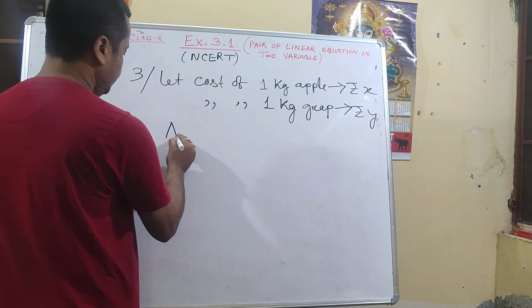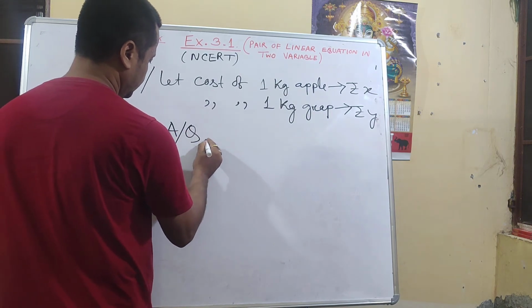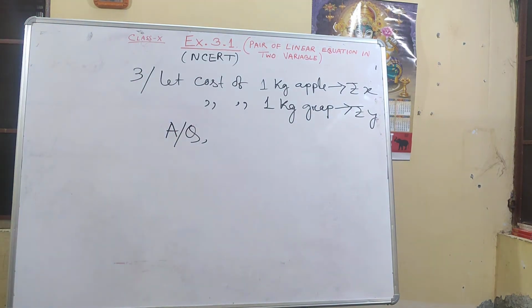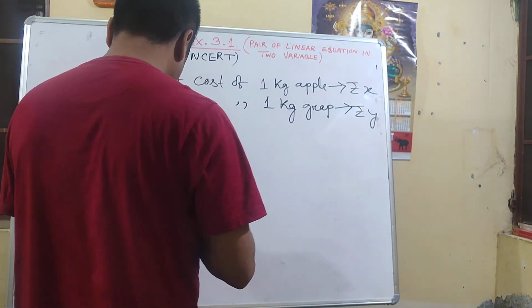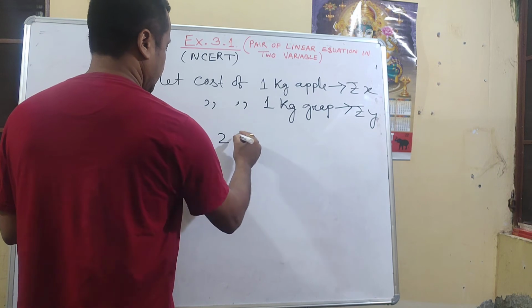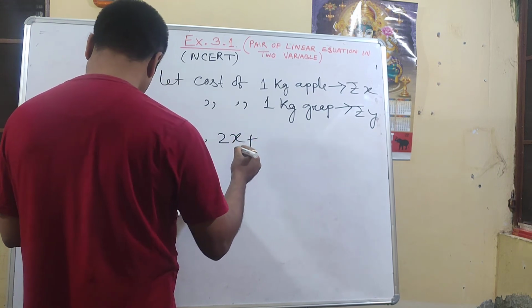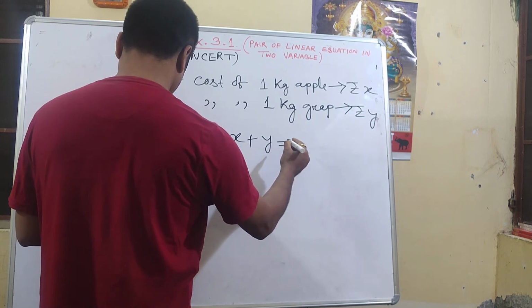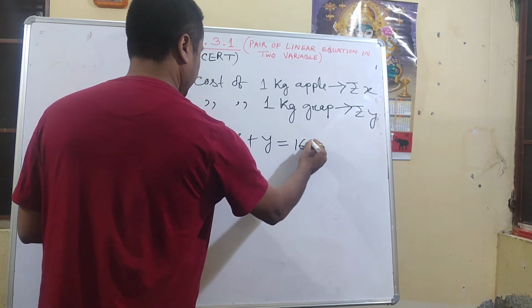According to the question, 2 kg apple, that is 2x, plus 1 kg grape, plus y, is equal to 160.